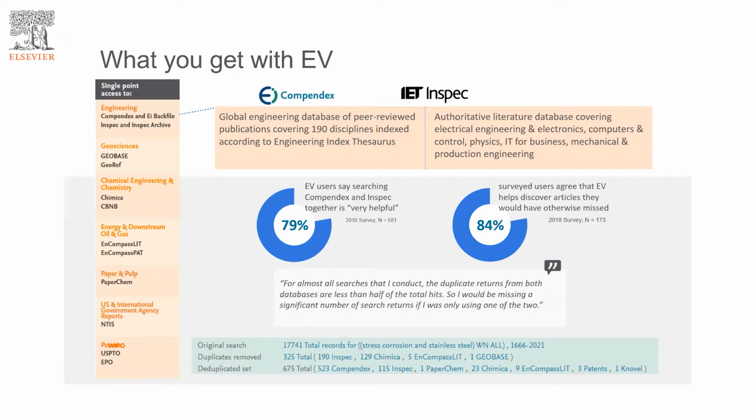We have chemical engineering and chemistry. Of course, oil and gas and energy, paper and pulp and paper chem, government reports in NTIS, and then patents. A little bit of a typo there, but we cover 3 different patent databases: US, European, and world patents. Some good quotes on this page and some good overview of exactly what Engineering Village is.